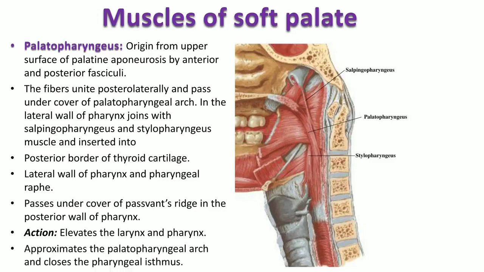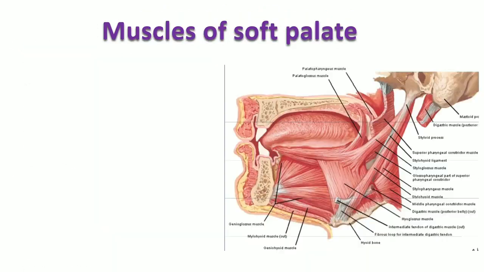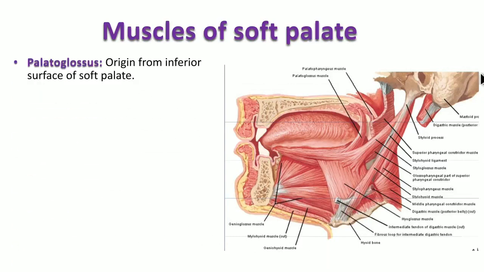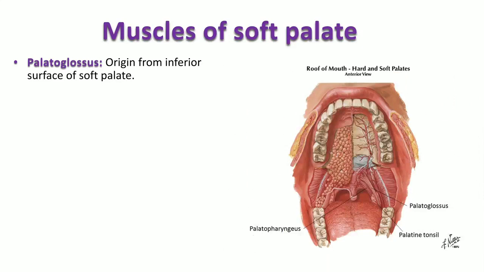Next we will move to the palatoglossus muscle. The next muscle, the last muscle of the soft palate, is the palatoglossus muscle. It originates from the inferior surface of the palatine aponeurosis of the soft palate, then passes under cover of the palatoglossal arch, so it is passing deep to the palatoglossal arch.